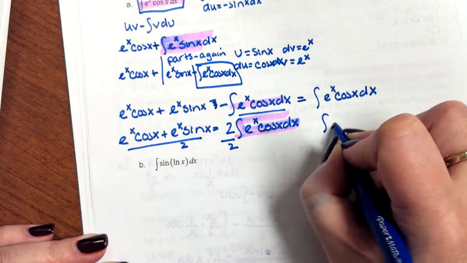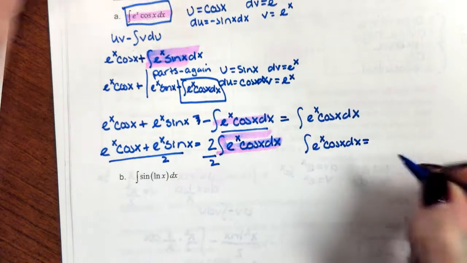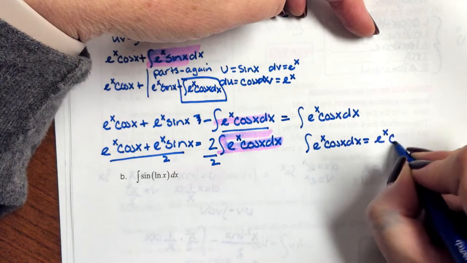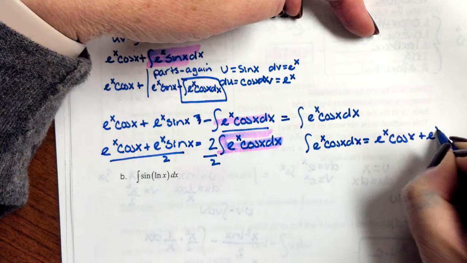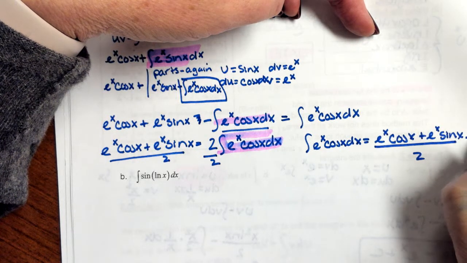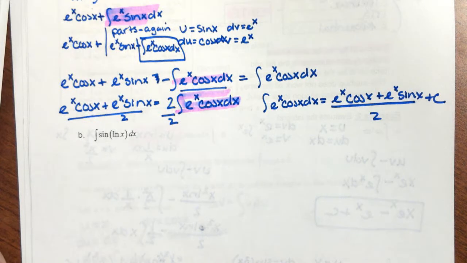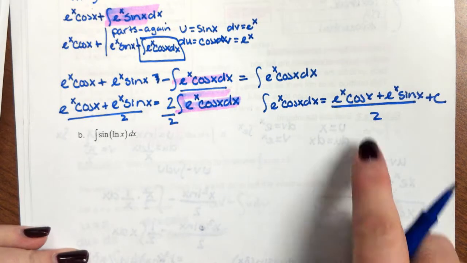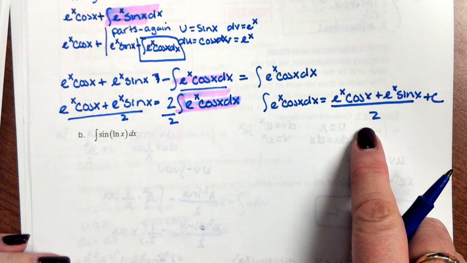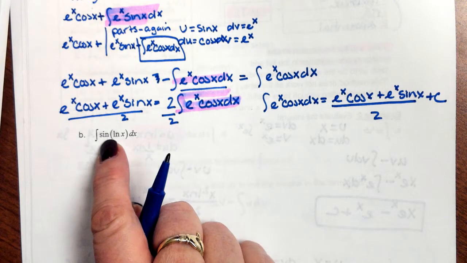Then your integral of e to the x cosine x dx is equal to e to the x cosine x plus e to the x sine x, all over 2, and don't forget to add your c. So when you get back to the original problem, you want to collect the like integrals on both sides.